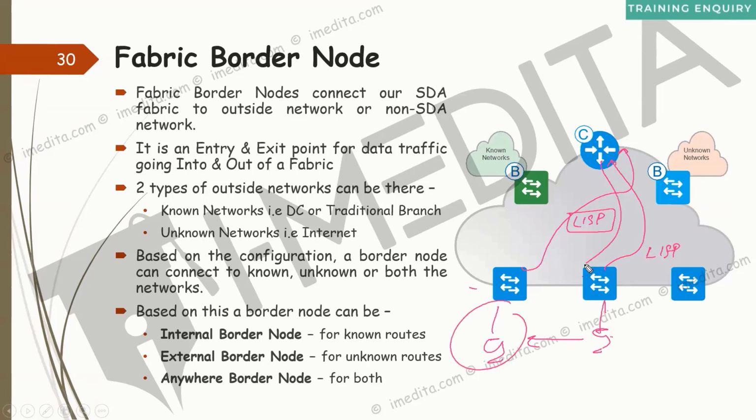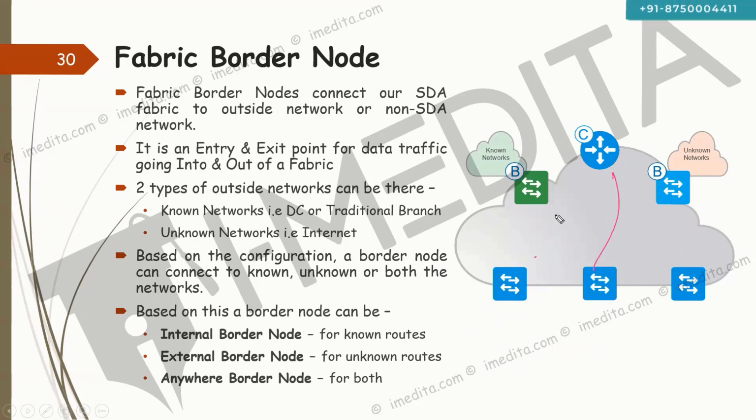The control plane node will tell it that if you want to go to that destination A, you can go to 1.1.1.1. That it will also do via LISP. This is all control plane operation. So we can say that the control plane is built around LISP technology in our SDA. And when the data traffic has to pass, it has to be encapsulated as well.